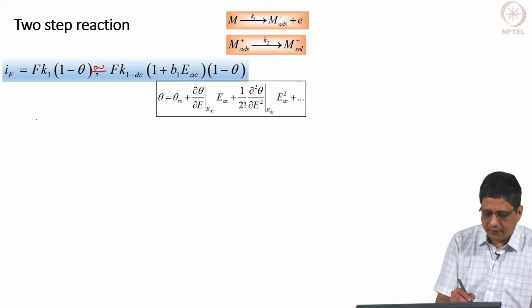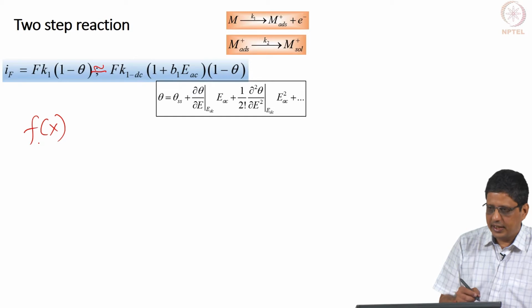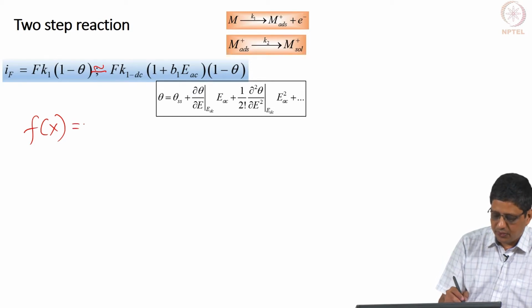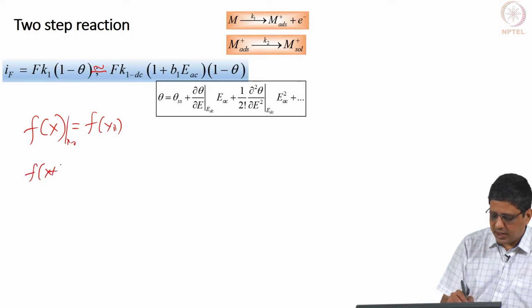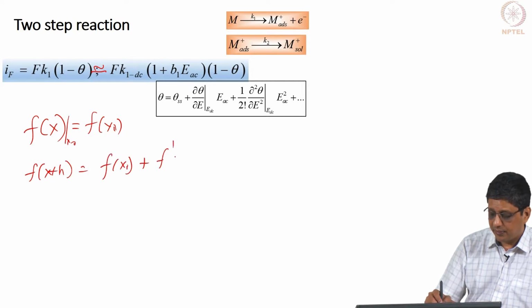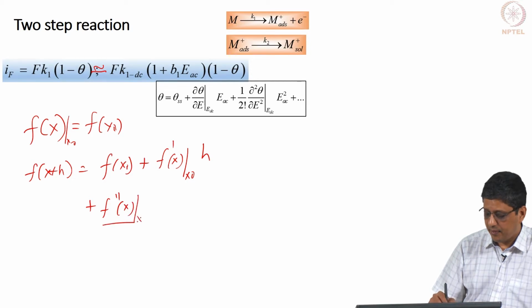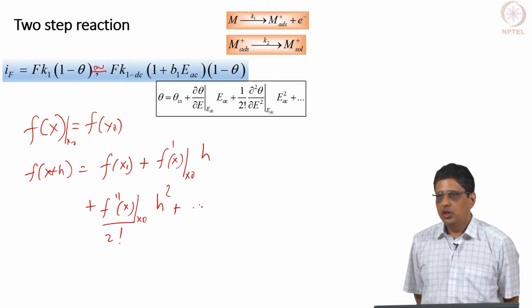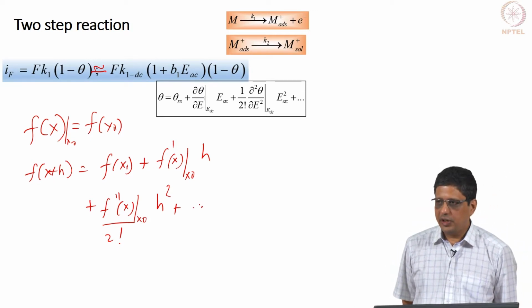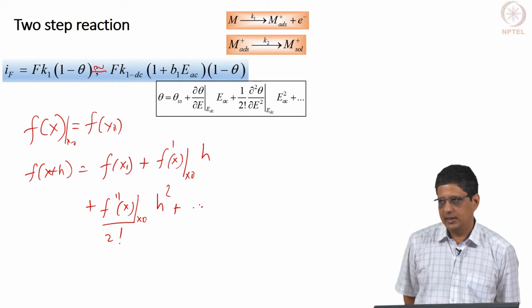So, it is like writing, if you have a function of x and you know the value at x0, we can write x plus h. If you know the value at some location, very close to that location it is going to vary a little and we are going to write like that.